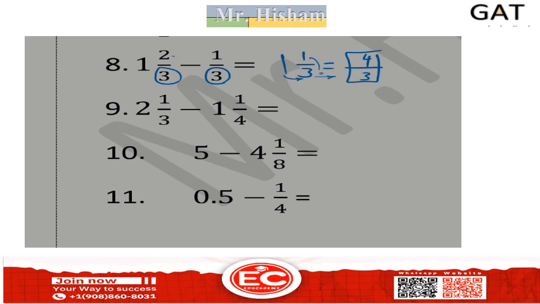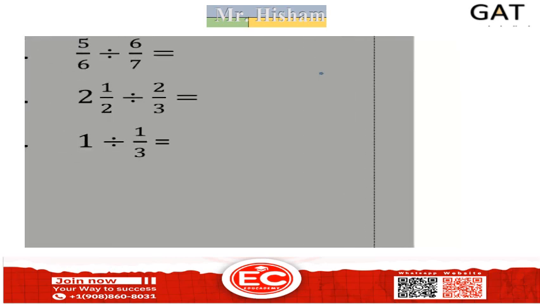But what about number 9? In number 9, you will notice 1 over 4 and 1 over 3. In the case of 1 over 3 and 1 over 4, I need to multiply down 3 by 4 and subtract the 3 from the 4. Or I can write 1 over 3 minus 1 over 4, multiply up and down by 4 here and up and down by 3 here.